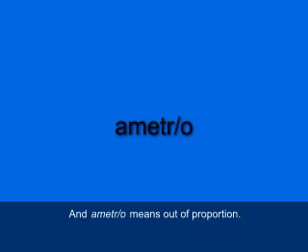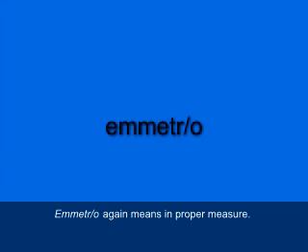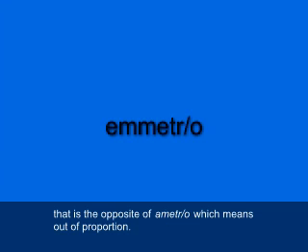And ametro means out of proportion. Now, on the other hand, if everything's okay, if everything's in proportion or in proper measure, we would use the word part emetro, E-M-M-E-T-R/O. Emetro again means in proper measure. That is the opposite of ametro, which means out of proportion.